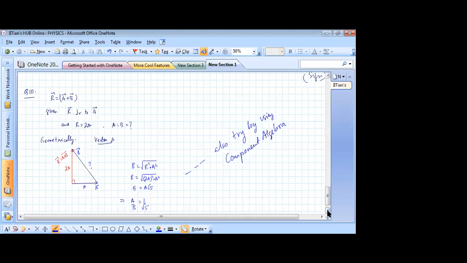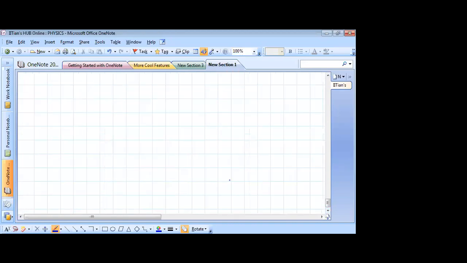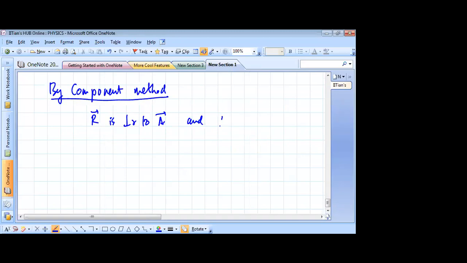Okay, so people, yes, some of you must have got this by component algebra also. By component method, what we can do is, since it is given to me that R is perpendicular to A and R has a magnitude which is twice of A, let A be along the x-axis.